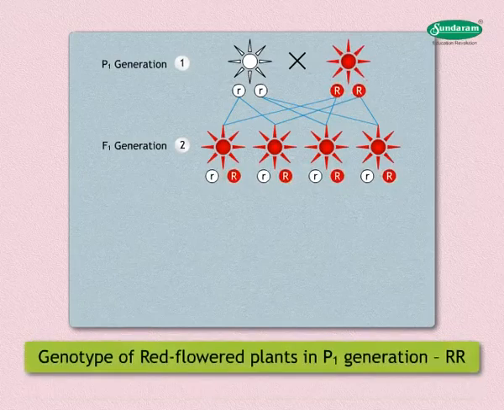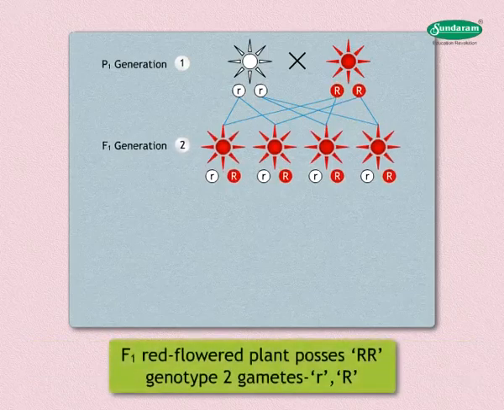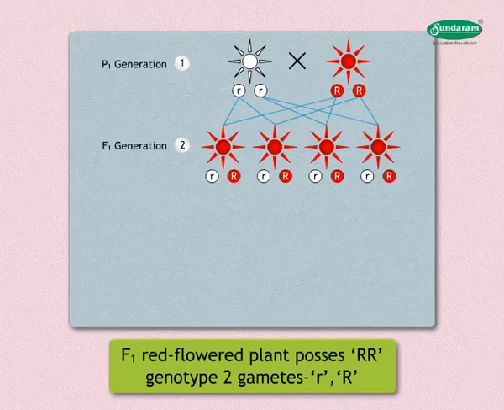Red-flowered plants in P1 generation have RR genotype and thus produce only one type of gamete, R. The F1 red-flowered plant possesses Rr genotype and thus produces two types of gametes, namely R and r.